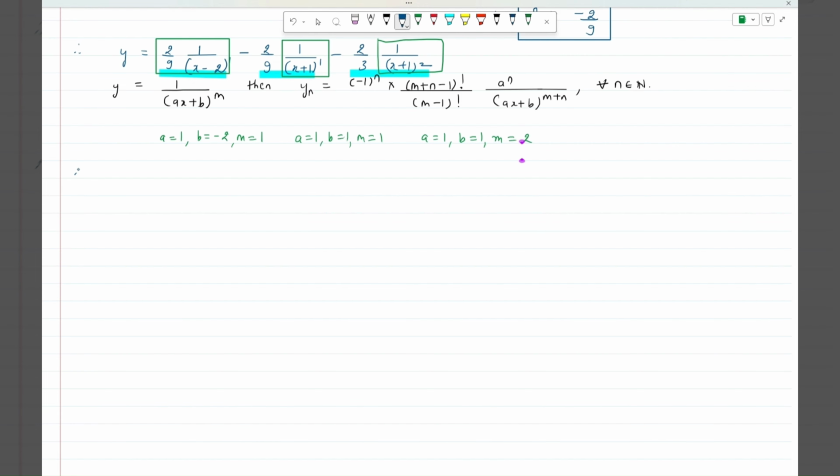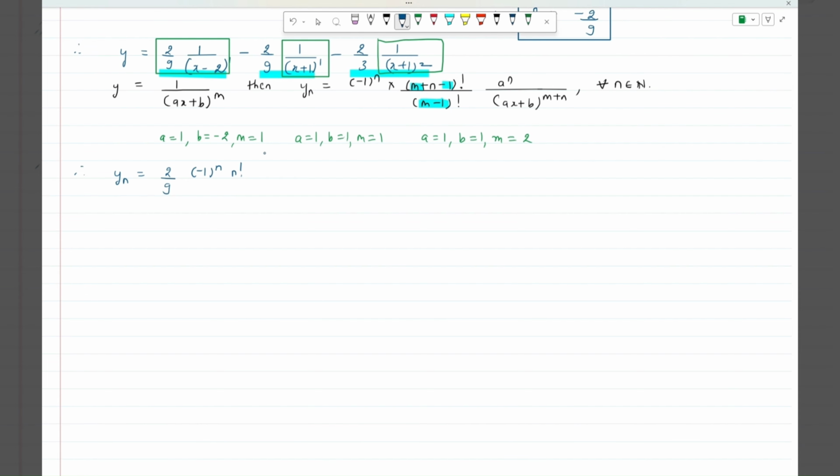So therefore we can say that yn is going to be 2 by 9, which is a constant, so it stays out. So we will be having minus 1 raised to n. Now in the first expression, since m is 1, we can see that 1 minus 1 goes away. So we will be having only n factorial in the numerator, and likewise m minus 1 will become 0. So we will get 0 factorial, which is 1 in the denominator. So we have got this.